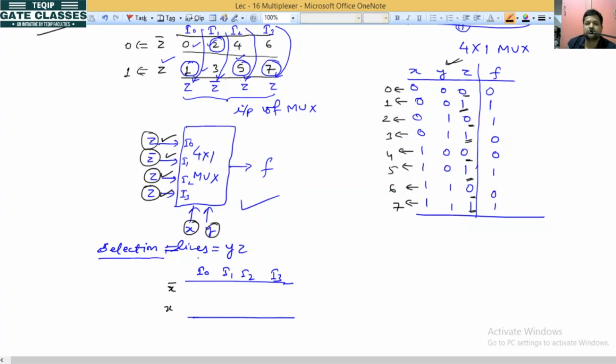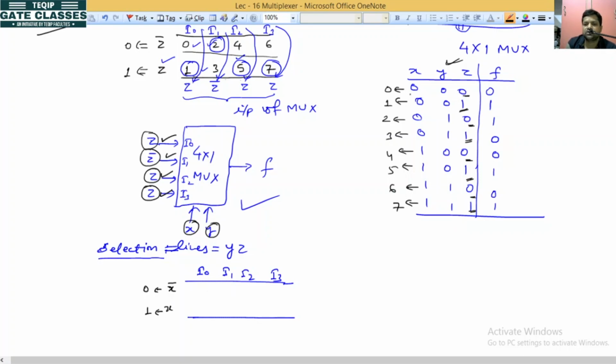by using yz as the selection line. So if you see here, x bar means 0 and x means 1.